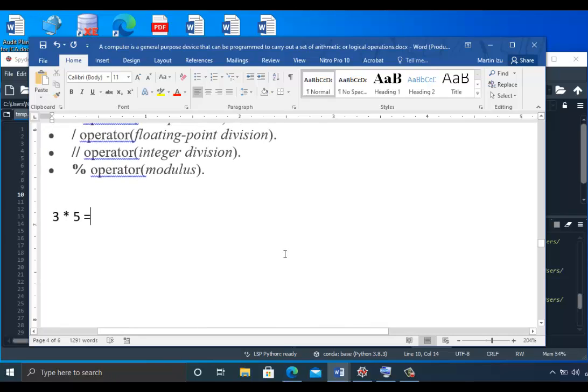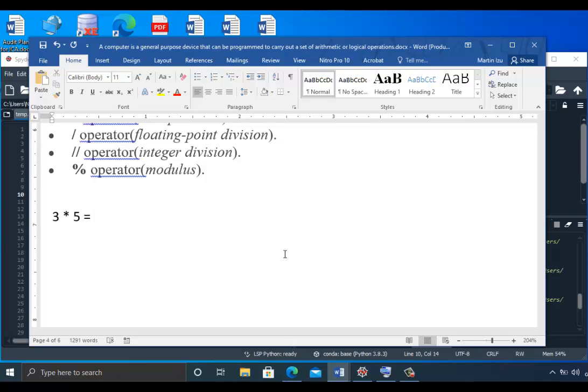Or if you add the value 3 into 5 places, you will get the result. Or if you add 5 in 3 places, the result should be 15. If you add 3 into 5 places, the result would be what? 15. So multiplication usually in mathematics has this specific and unique feature called associativity.